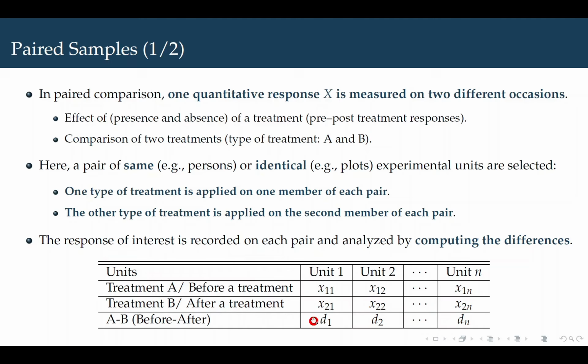But if the population mean of the differences is significantly different from 0, then the effects of treatment A and treatment B are different, and similarly, for a particular type of treatment, we can say the treatment is effective. That means the treatment may have either an increasing or a decreasing effect on the response of interest.